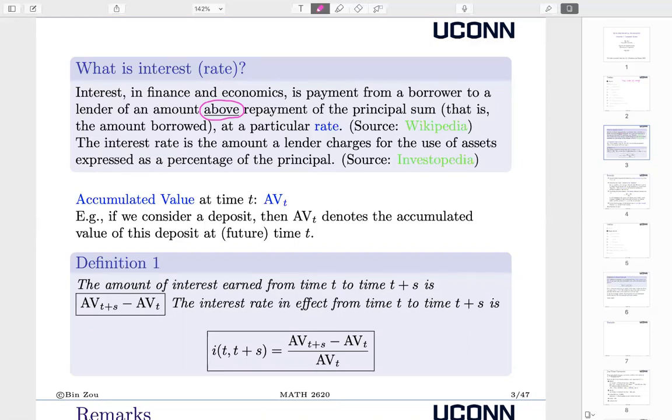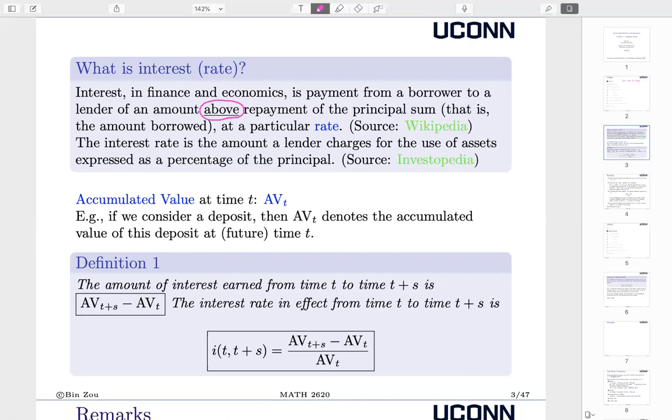Okay. Here from Investopedia, the definition goes as follows. The interest rate is the amount a lender charges for the use of assets expressed as a percentage of the principal. So here the definition is more on the side of the value of the assets.